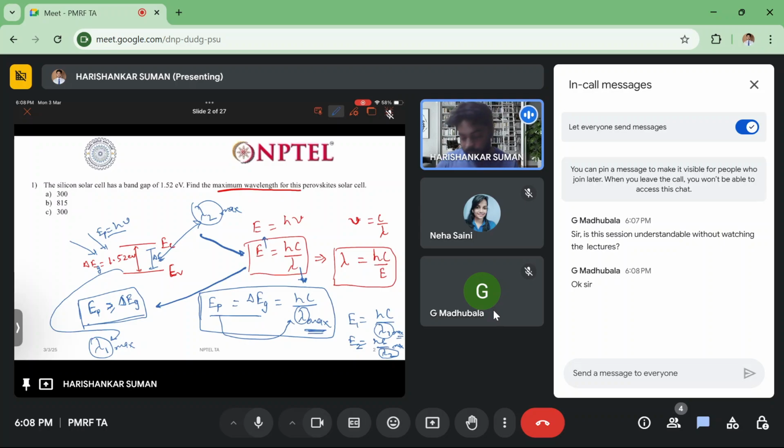Okay, thank you. So is this question clear to you? This is a good concept. If not, please let me know. How can we find the maximum wavelength? Clear to you?